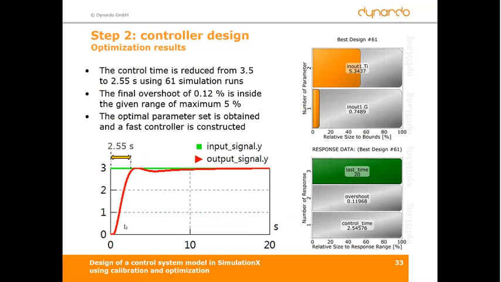The simplex needs only 61 simulation runs to reduce the control time to 2.55 seconds, with a maximum overshoot of 0.12%, which means the constraint is fulfilled. Now the second step to design an optimal controller for the calibrated system is finished.